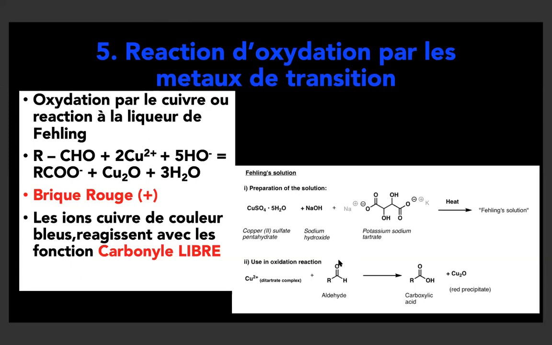Condition number two. First of all, what's an aldehyde? An aldehyde is an organic compound that has the carbonyl function on the first carbon atom. Let's hope you took note of that definition.